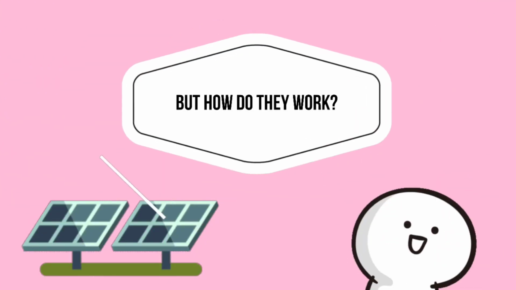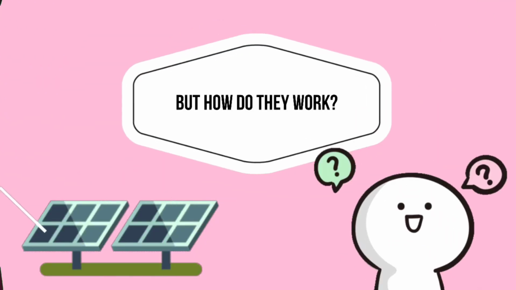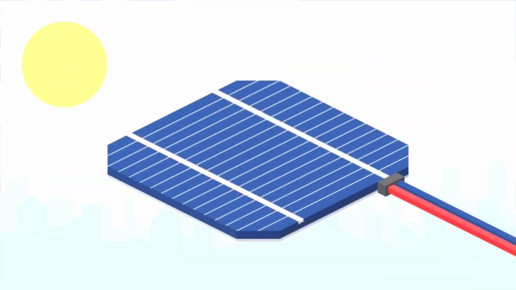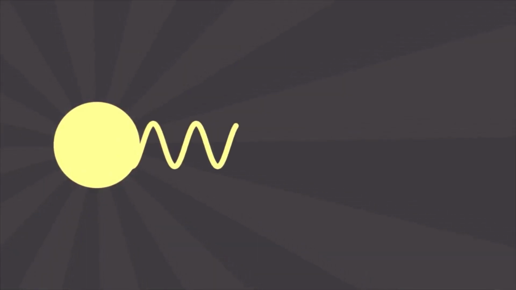But how do they work? Solar energy is converted into electricity using photovoltaic cells. In some aspects, it is the best technology for small reverse osmosis water desalinating units, which barely need any electricity for running.